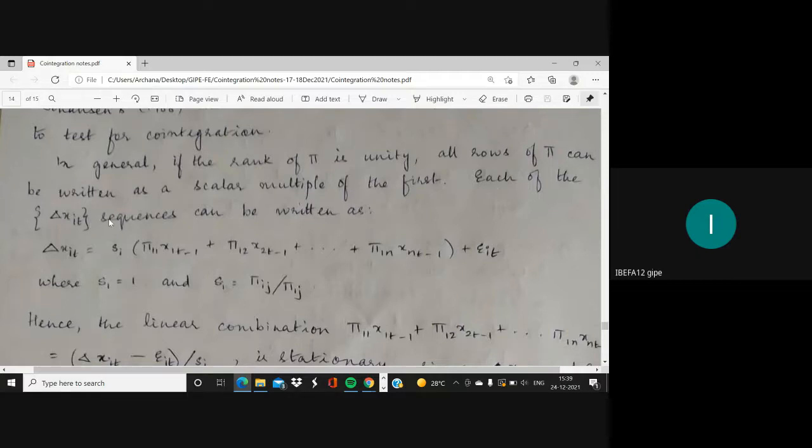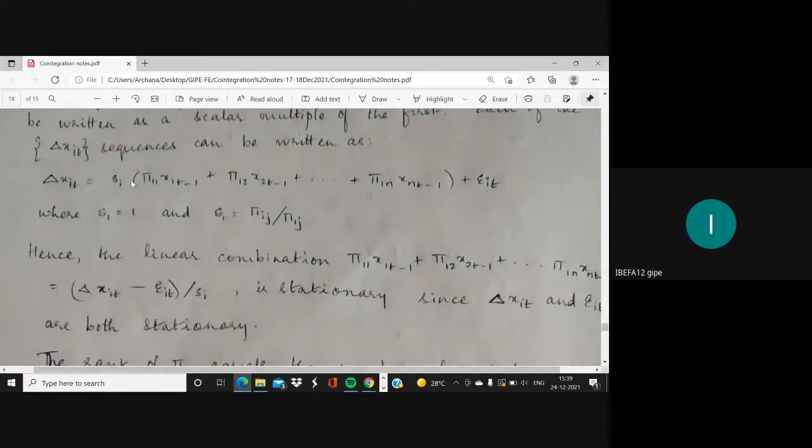So here, each of the delta xit sequences can be written this way. This is basically your scalar over here. And within the brackets again you have that equilibrium relationship. You'll be able to find the co-integrating vector using this. And you have epsilon it.